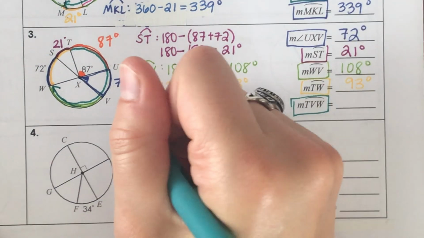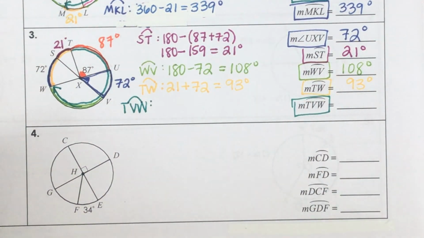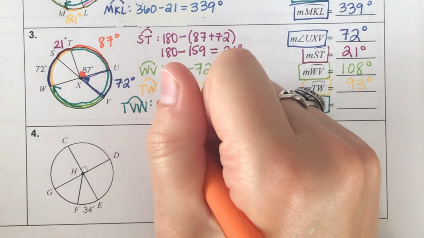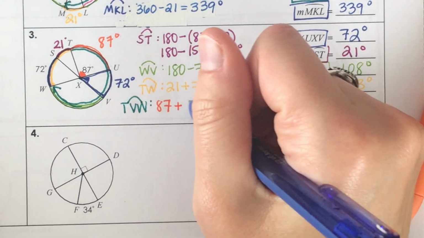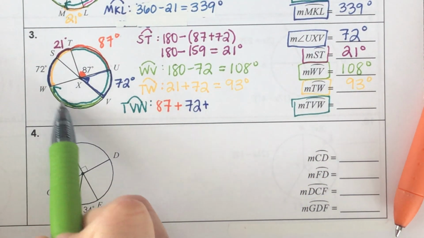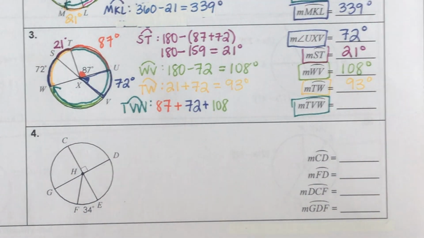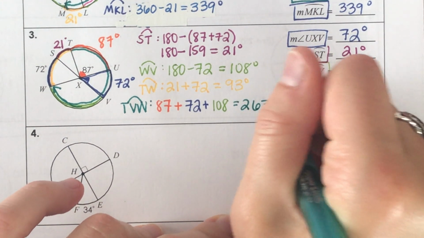Okay, so to figure out TVW, I'm going to take the orange piece plus this blue piece plus the green piece, and I'm just going to add them all together, and when I do that, I get 267.